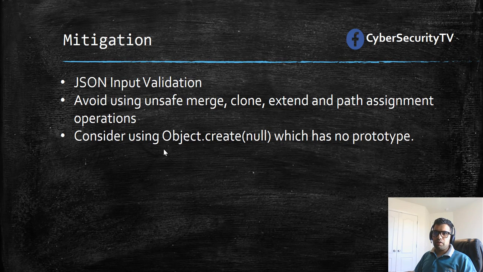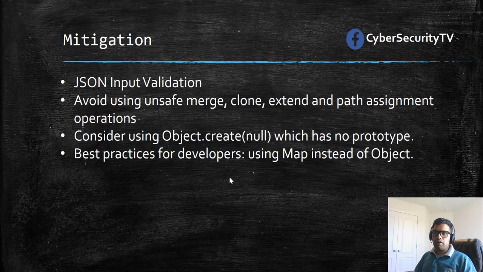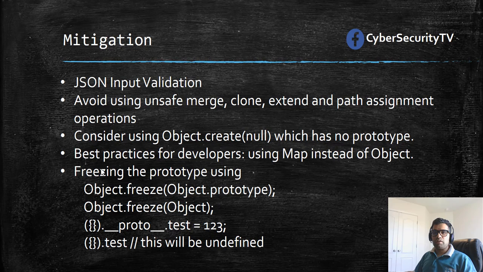Now you can also consider using Object.create(null), which has no properties. You can also use Map instead of Object. Then you can also freeze the prototype using this chain of commands. That's also, I guess, a good defense, or defense in depth.